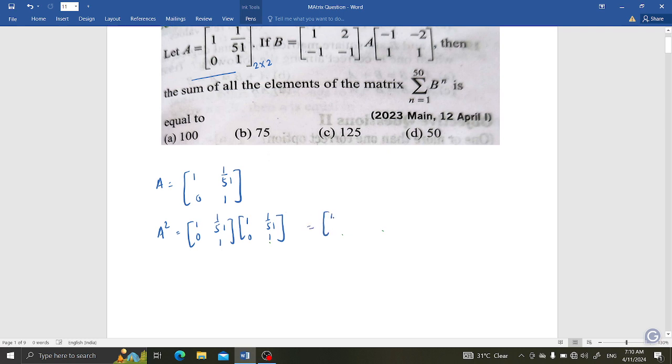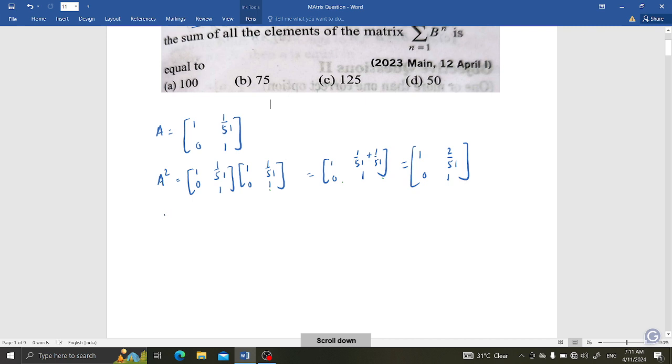Here 1 will come, here 0, here 1, and this is the first row second column position, so 1 upon 51 plus 1 upon 51, which is 2 upon 51, 0, 1.